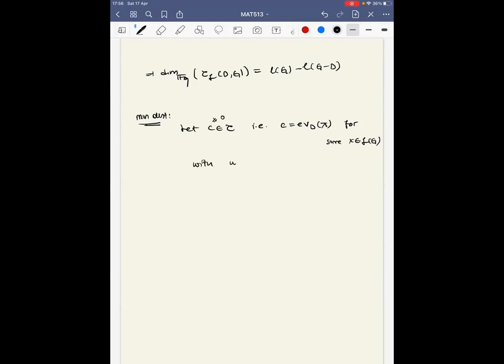And since it's a non-zero code word, it's going to have non-zero weight. So if it has weight d, that means there are n minus d coordinates where this code word has zeros, because weight counts the non-zero positions of the code word.